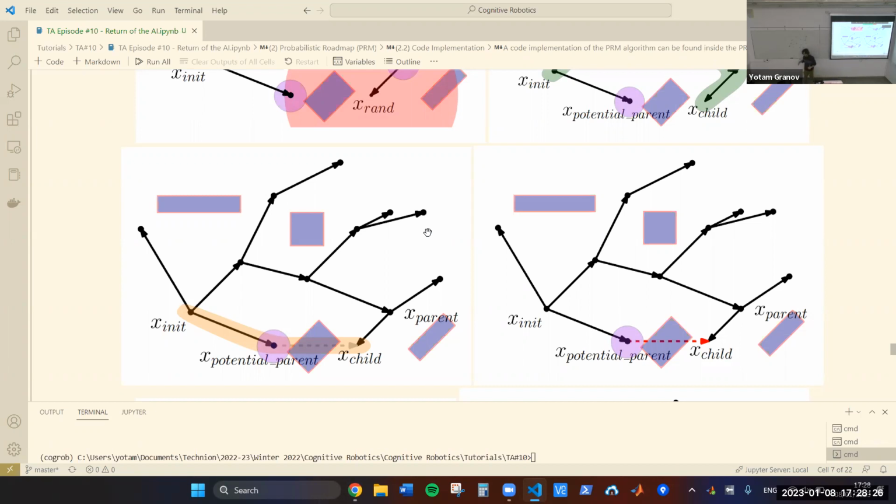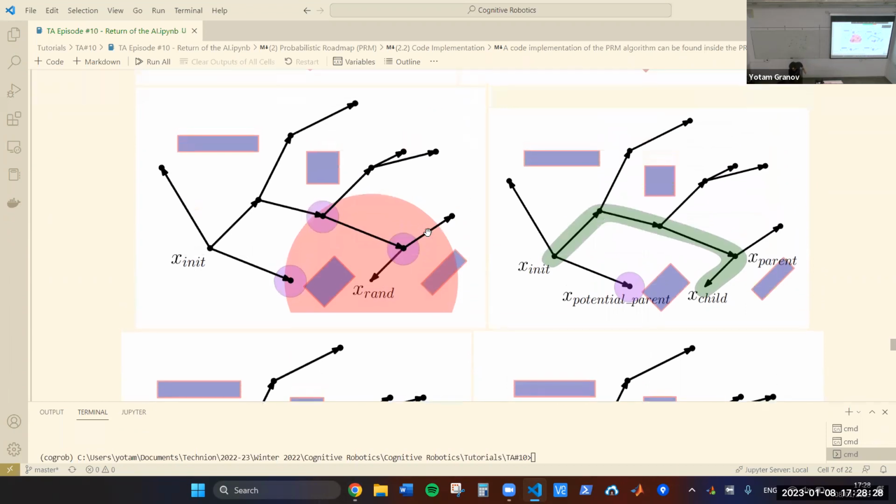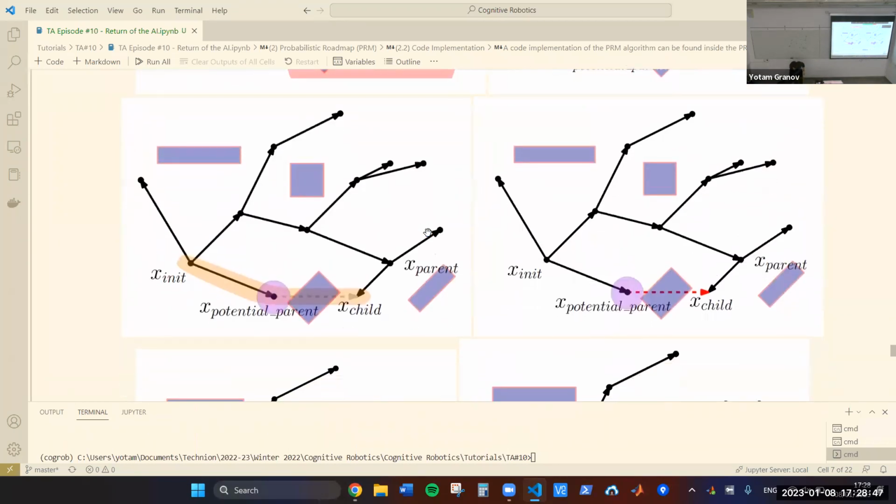What we care about is that we're losing cost, making worse paths because we consider only nearest neighbors and not almost nearest neighbors. If I consider this point instead, despite the obstacle I'm testing here, that would give me a shorter path, and overall my tree would get shorter and shorter.